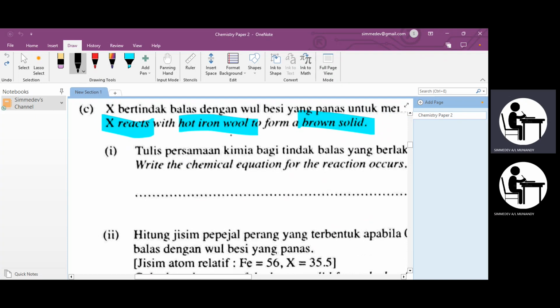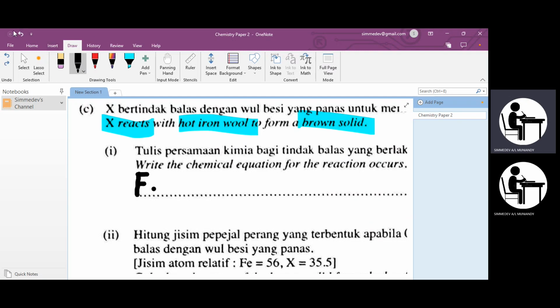So hot iron wool, you know, iron is Fe. Okay, this is really bad handwriting. I need a proper surface if I want to write this chemical equation. Now my mouse is malfunctioning.